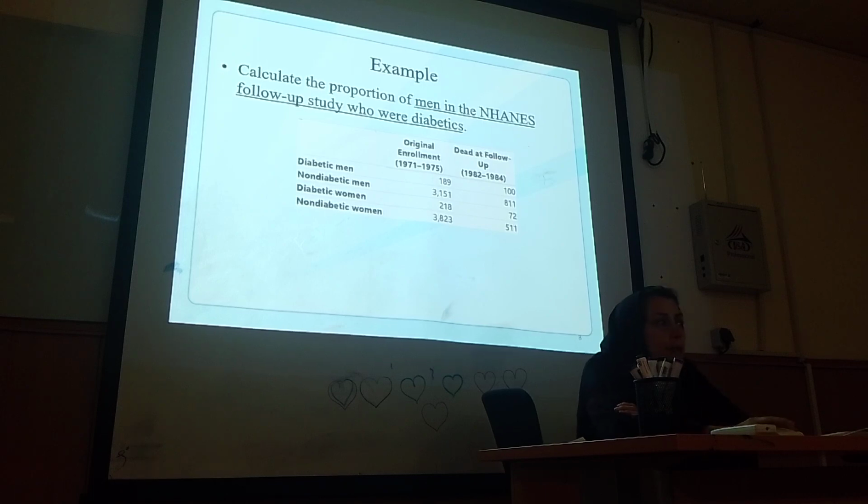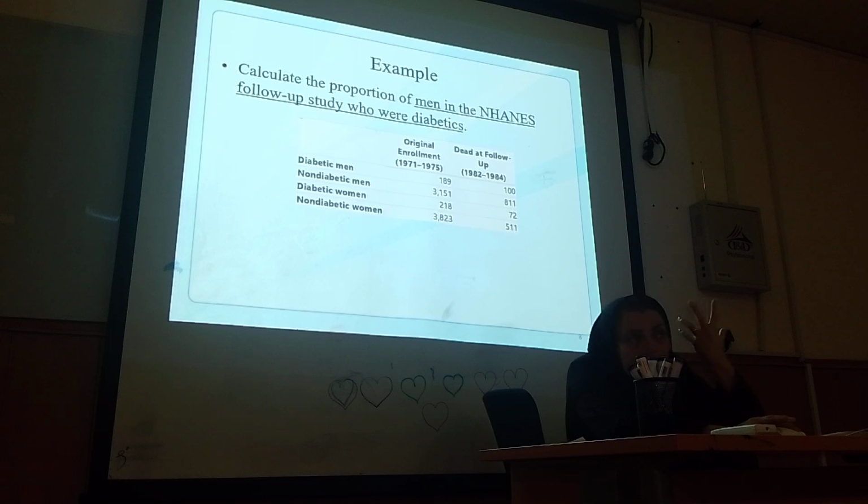Okay. We have here diabetic men, non-diabetic men, diabetic women, and non-diabetic women. Calculate the proportion of men who were diabetics.